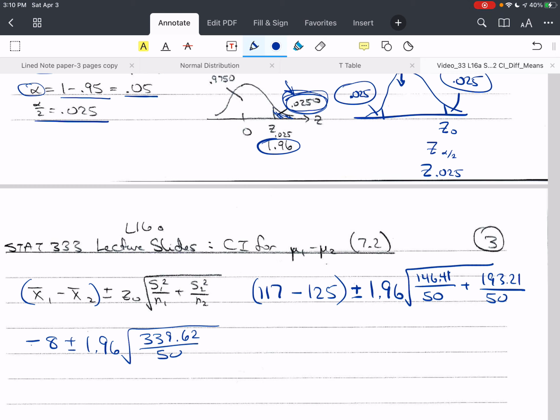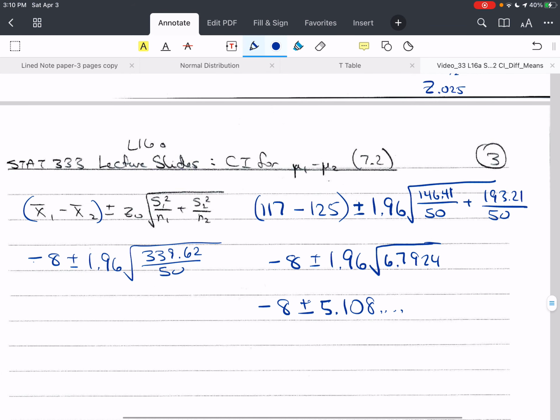And this is equal to negative 8 plus or minus 1.96 times the square root of 6.7924, which is negative 8 plus or minus 5.108, and so forth. And so this is negative 8 plus or minus 5.1.